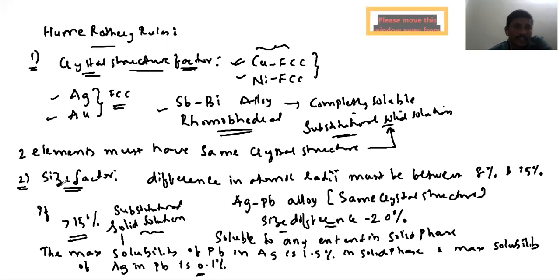So the second important factor is the size factor. If the difference in atomic radii is greater than 15%, there will be no formation of a substitutional solid solution.